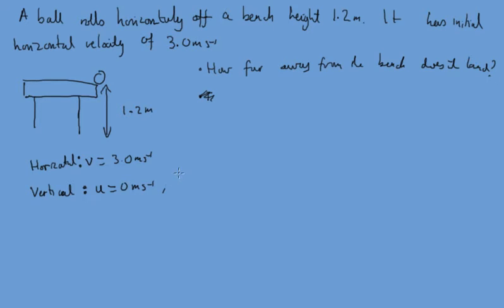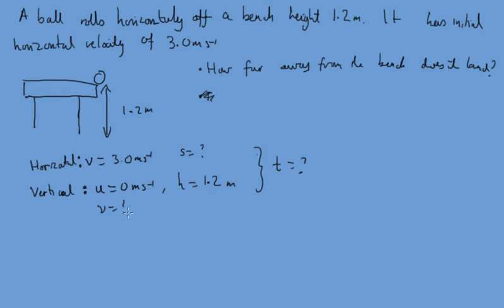We know the height is 1.2 meters. We don't know the time. The time is going to be the same for both. We don't know the vertical final velocity, and we don't know the distance that it travels in the horizontal.